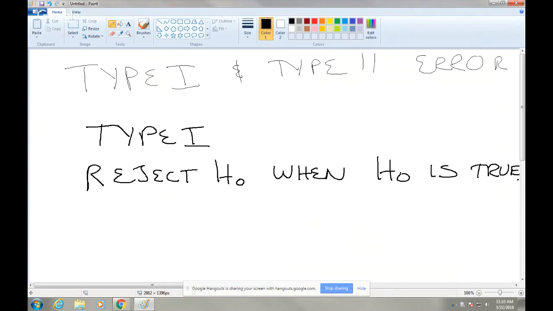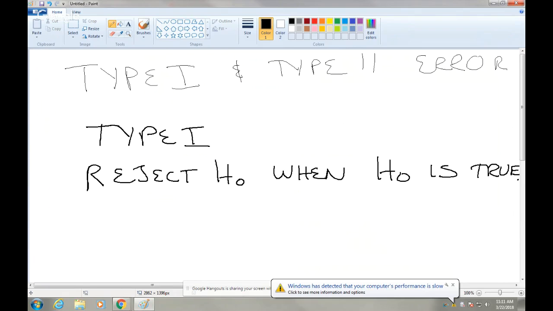And that leads us to reject the null hypothesis. Underlying it, unbeknownst to us, the null hypothesis is true. Now, we don't get to know whether we've actually made a type 1 error, but acknowledging that it's something that could happen is important.